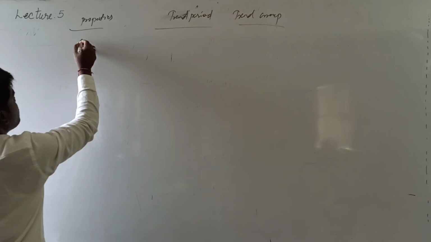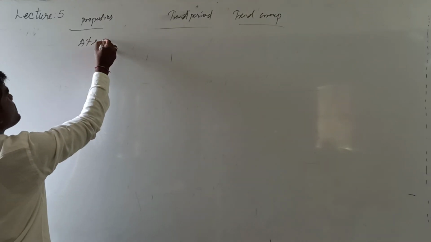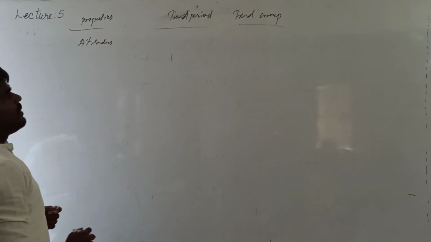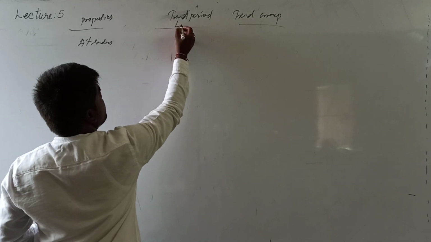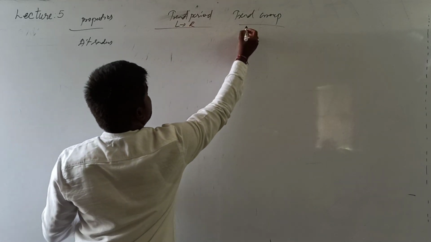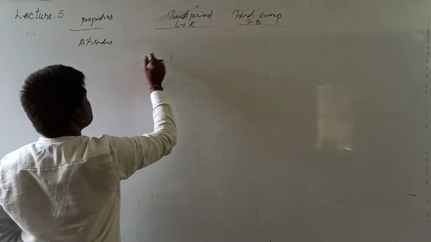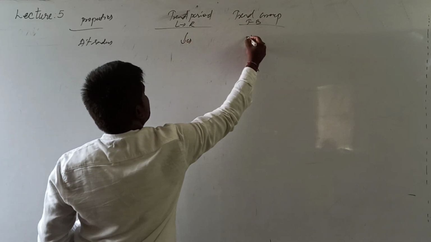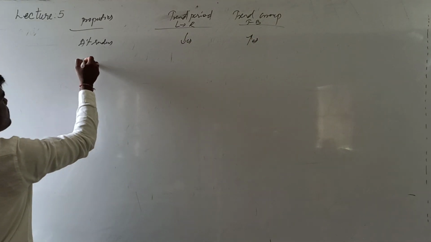Briefly we will discuss this. We are talking about atomic radius. Left to right in a period it decreases, and top to down in a group it increases.